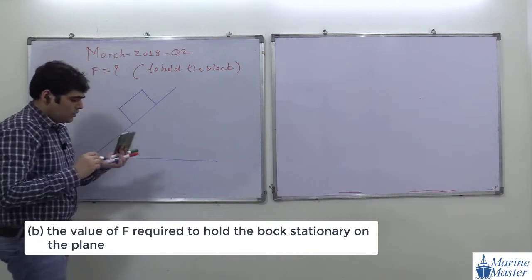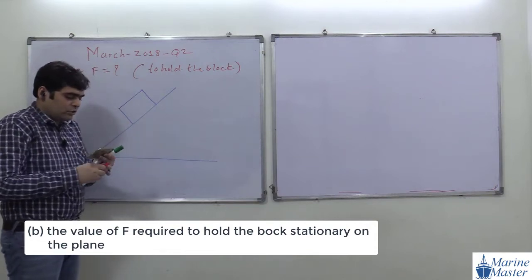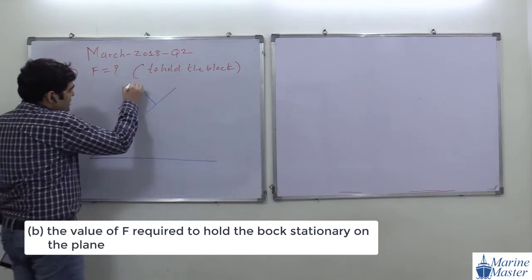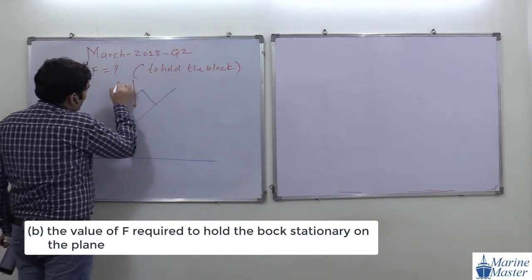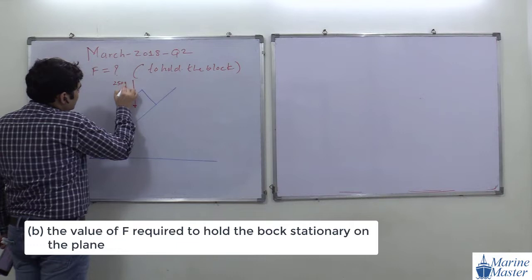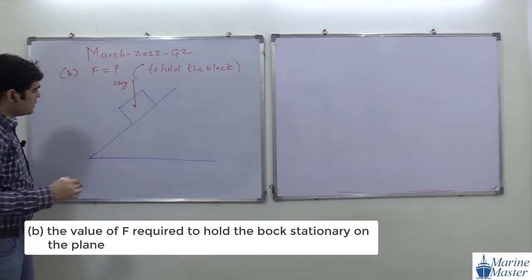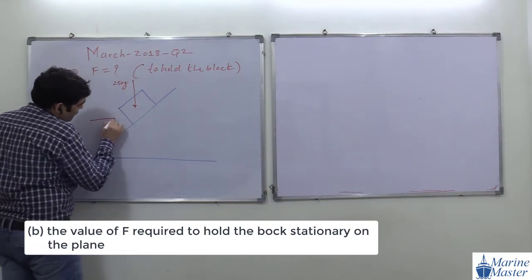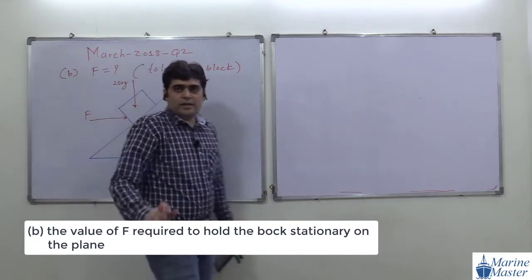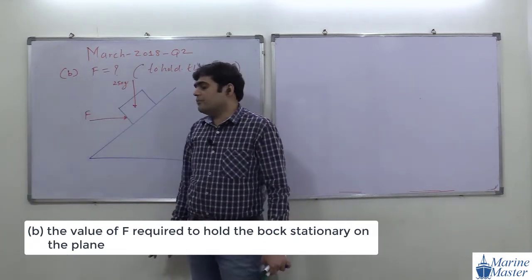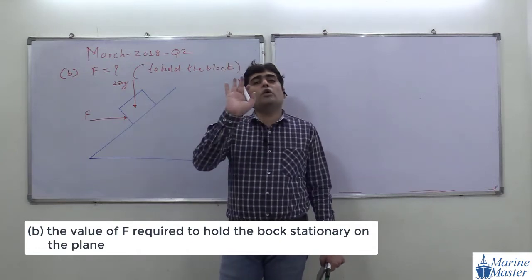What is the weight of the block? Weight of the block is 250 g, and weight acts vertically downward. On that block, we are going to apply a force F. In part B, what is the target of F? F's target is to hold the block.